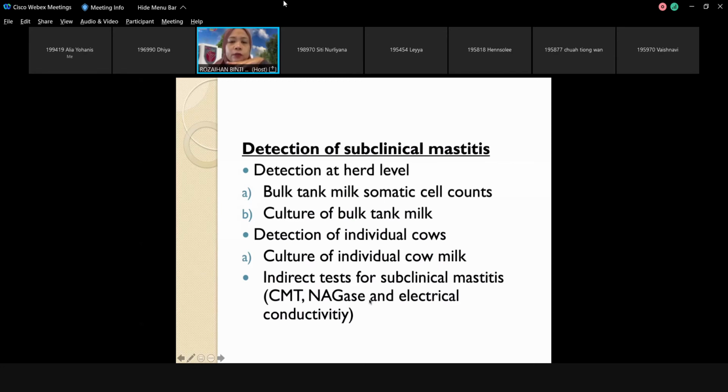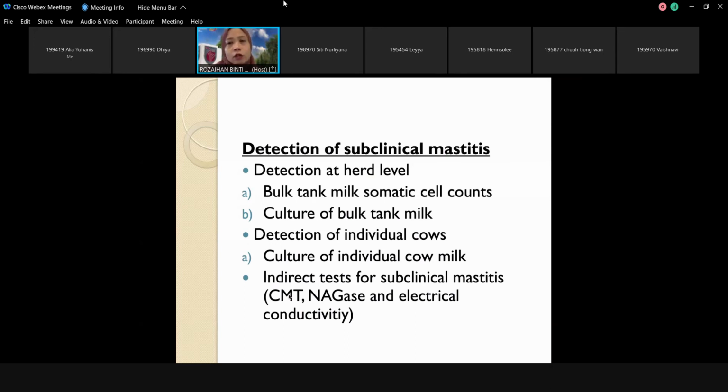Enzyme analysis or even electrical conductivity is not something that we do regularly. We don't have this, not even in UVH, not even in VLS. What we're doing right now is only the CMT and culture.